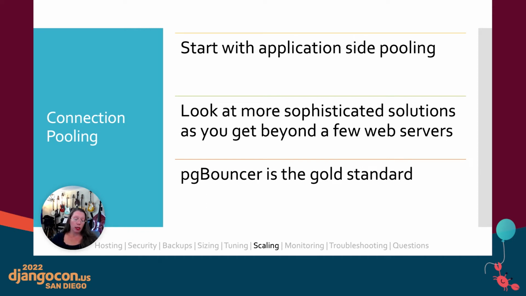If you're self-managing, you're going to be working with PgBouncer on your own. If you're fully managed, some of the offerings have you manage it as a separate piece. And then like our offering at Crunchy Bridge, PgBouncer is actually inside the Postgres instance, so it can be managed alongside the instance.